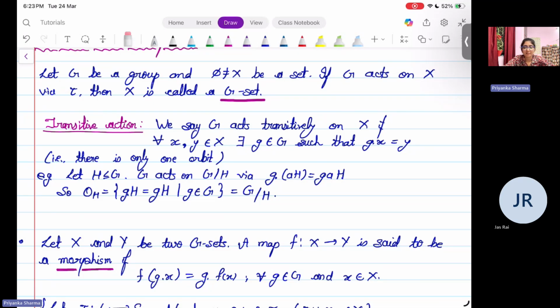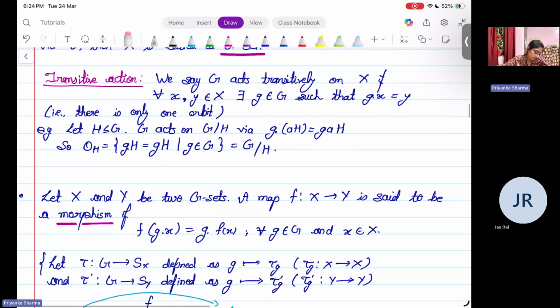Suppose we start from one element, say X. Then we get an element from the group G, and whenever that element acts on the element X, we will get another element Y belonging to X. So this is equivalently saying that there is one and only one orbit. So we say that a group action is transitive if we have only one orbit for that group action.